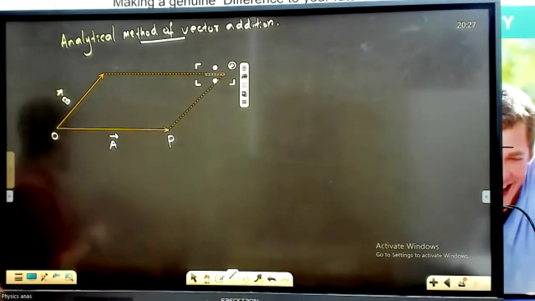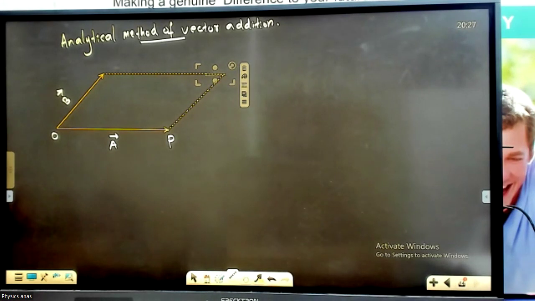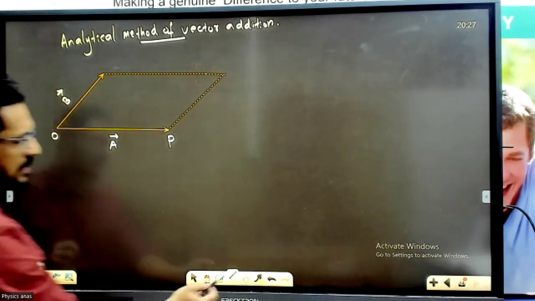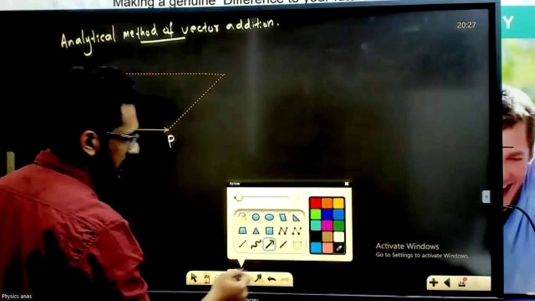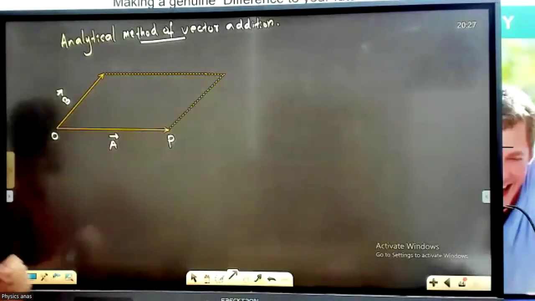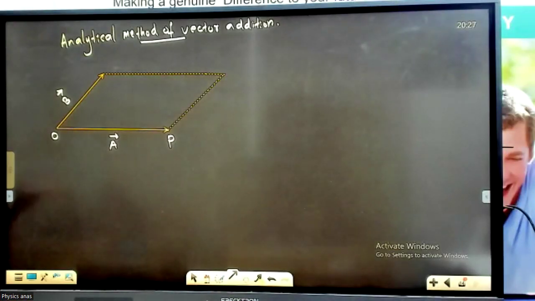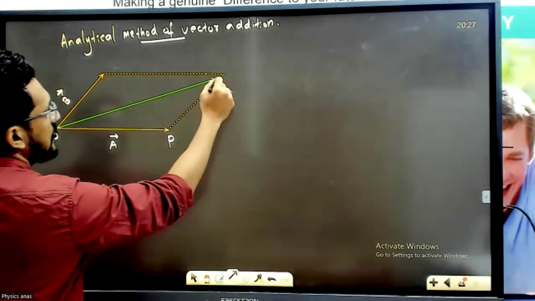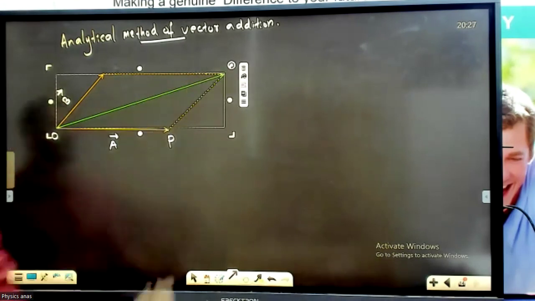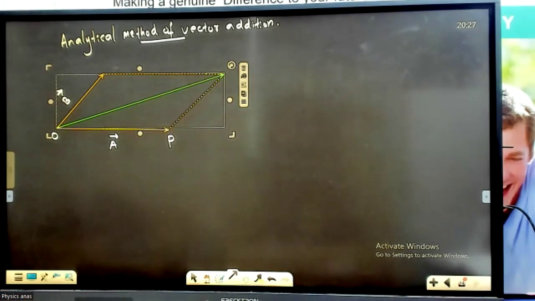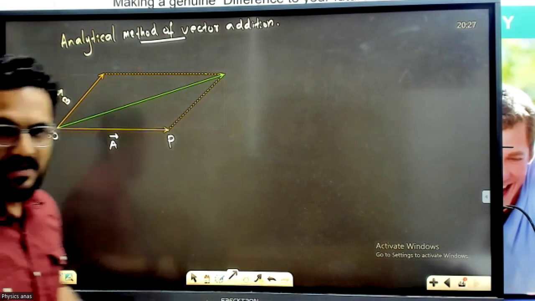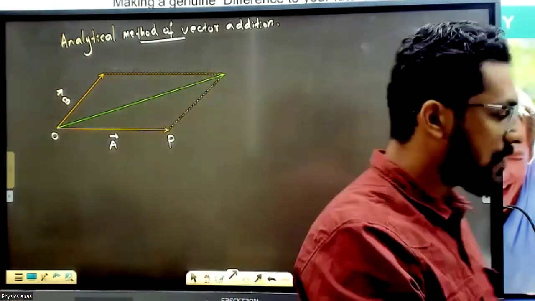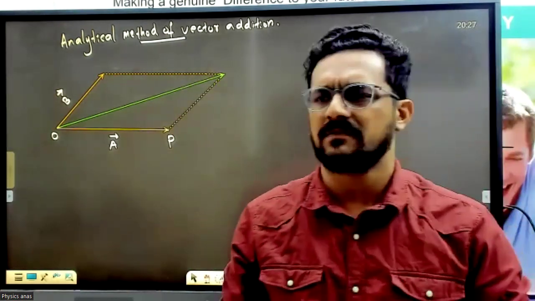Now this is a parallelogram. What will be the resultant of these two vectors? The resultant of vector A and vector B will be the diagonal drawn from the same point.